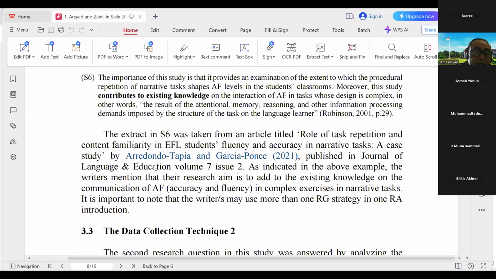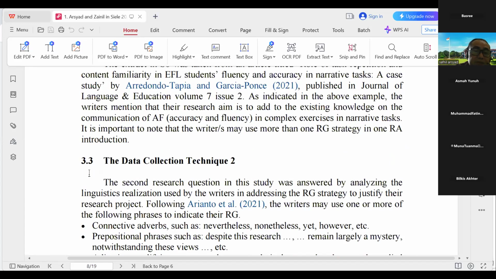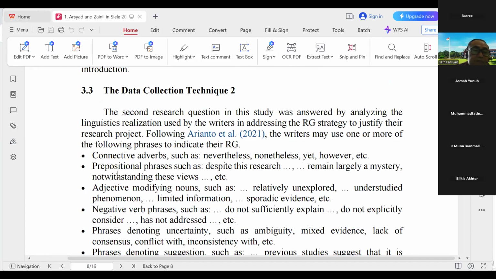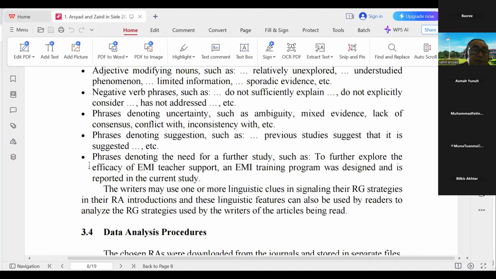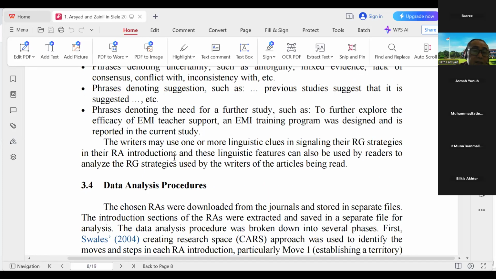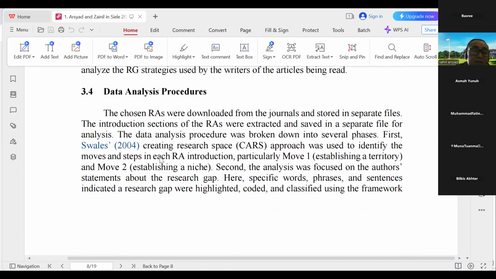And finally, in the data collection technique, I put the steps here: step one, step two, and step three, and the data analysis procedure also.